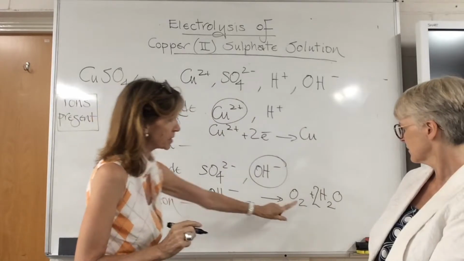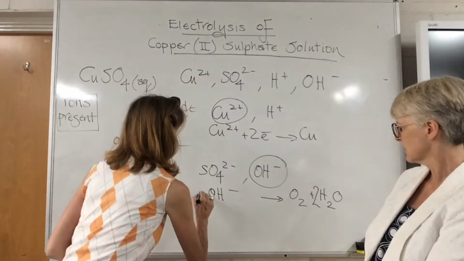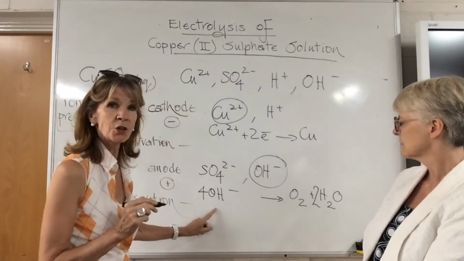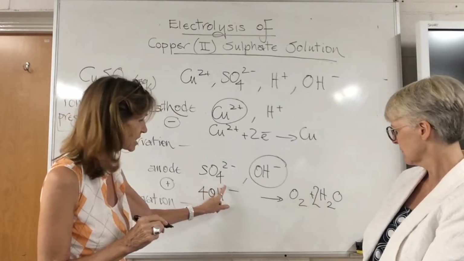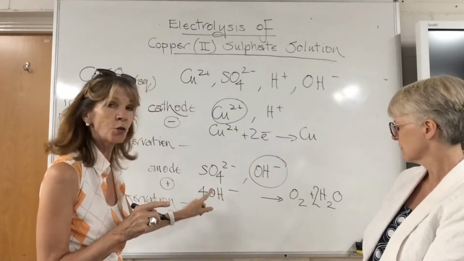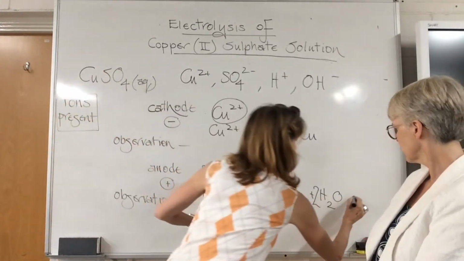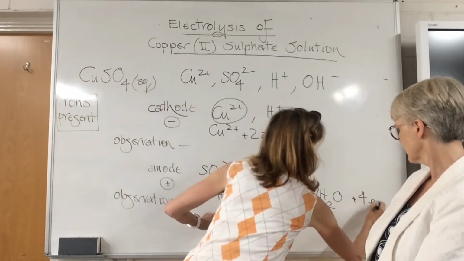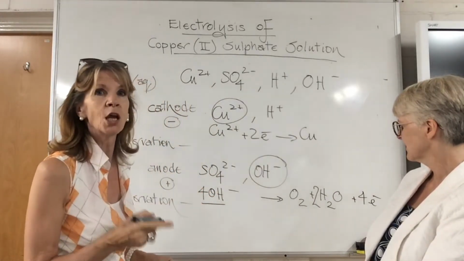Now there you can see 2 oxygens, 2 oxygens there, that gives you a total of 4. You put 4 in front of the hydroxide. You can see you have an overall charge of 4 negative, which means it will transfer 4 electrons to the anode. So we have 4 electrons there.